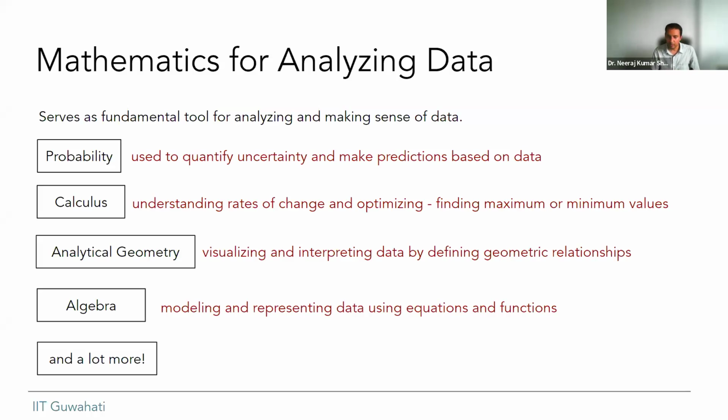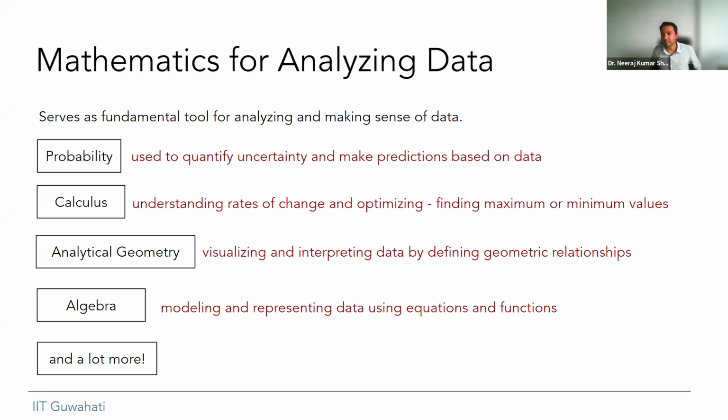These topics include probability, calculus, analytical geometry, algebra, right? And there are a lot more which are essential for data science and AI. But for entering this degree program, we recommend our learners to be good at these 4 subjects.